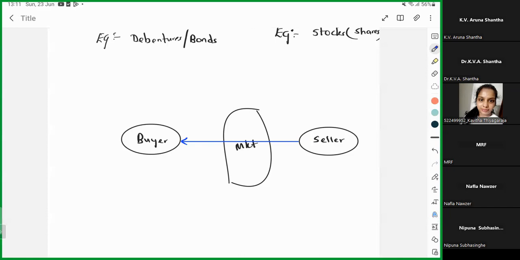Now, for example, you have some shares of a company and you want to sell them. So you are a seller. When you sell your shares, you have to put a selling order.